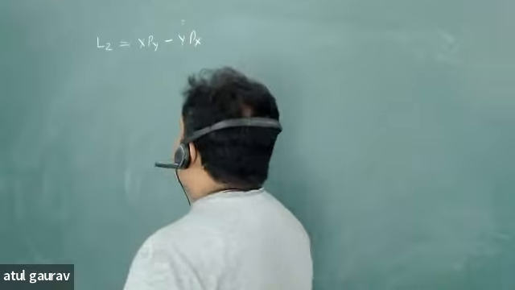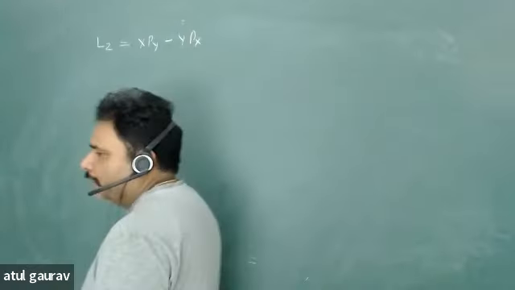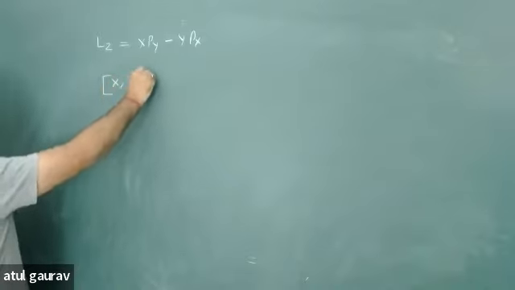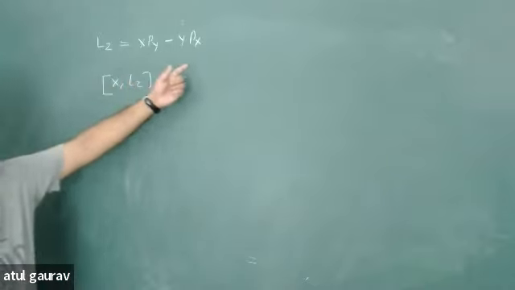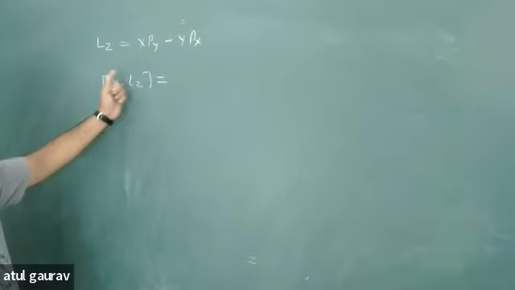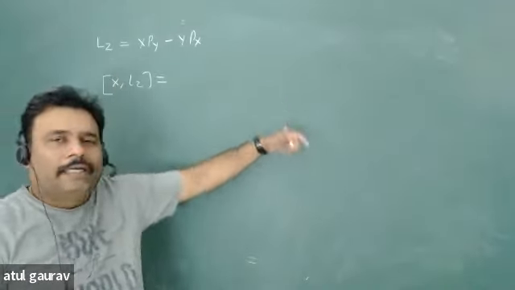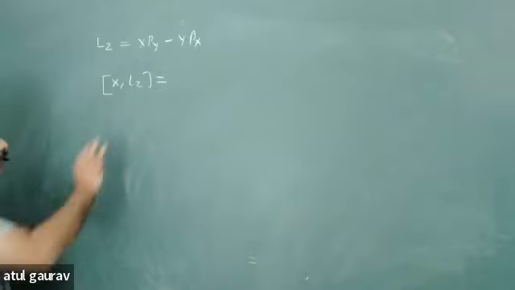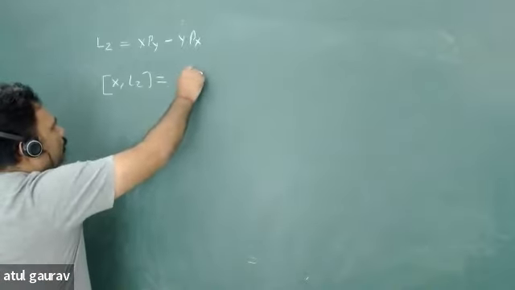Now I just want to know what the commutation between x and Lz is. You can directly solve this, but if you solve it from first principles, it will take unnecessary time. So we will solve this with a shortcut method.